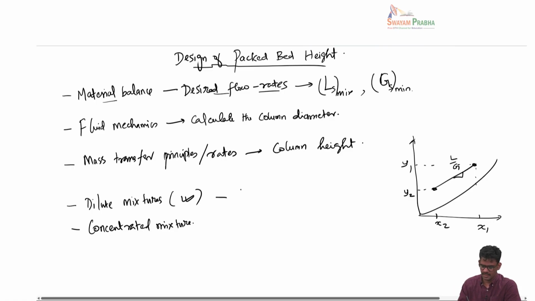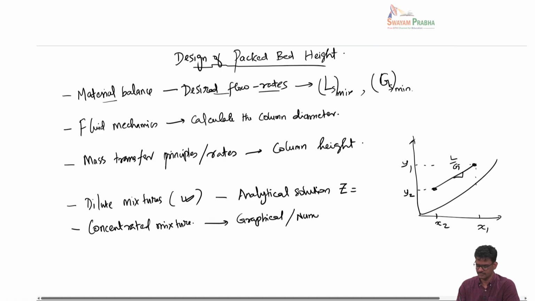So here analytical solution is possible. That means we will have a formula, we can plug in the details and then we can get the column height Z. Okay. So this is an analytical formula. Whereas in the case of concentrated mixture, we will use either graphical approach or numerical approach to calculate Z.